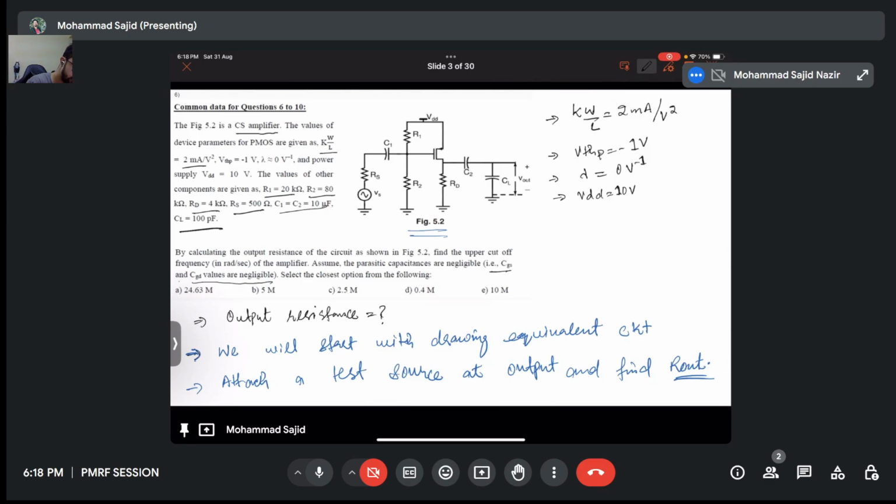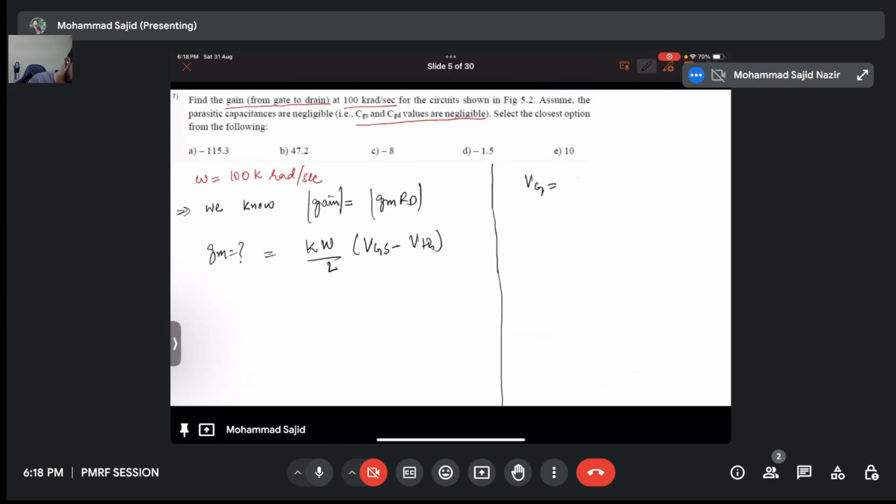This is R2 divided by R1 plus R2, multiplied by VDD.